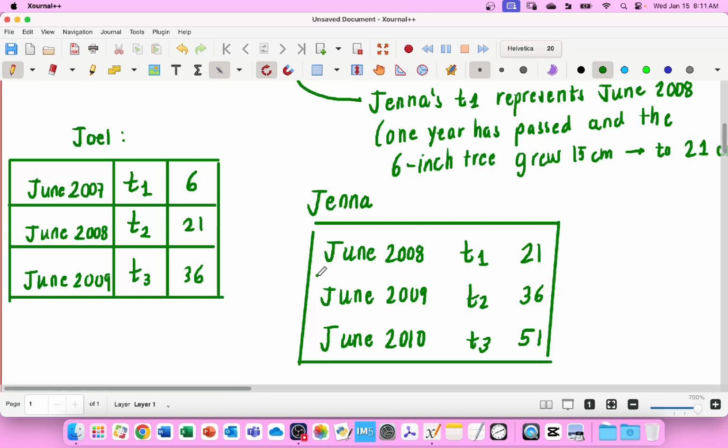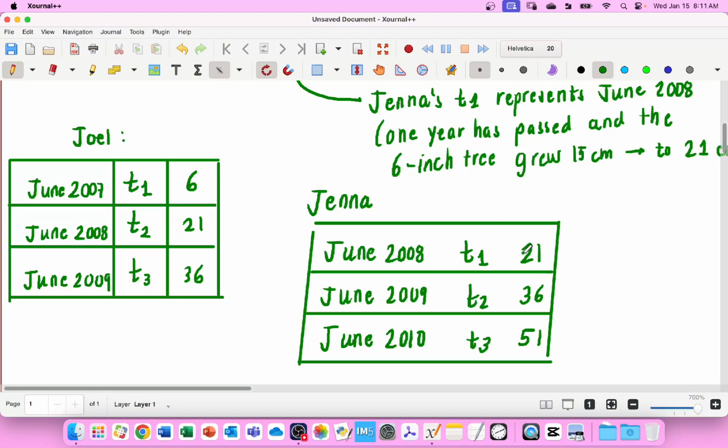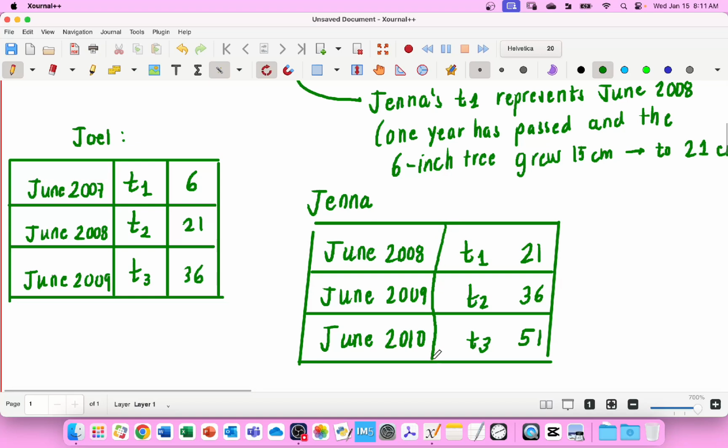Neither of them is a bad way of setting up the problem, I think. But Jenna's is kind of leaving out some information, right?